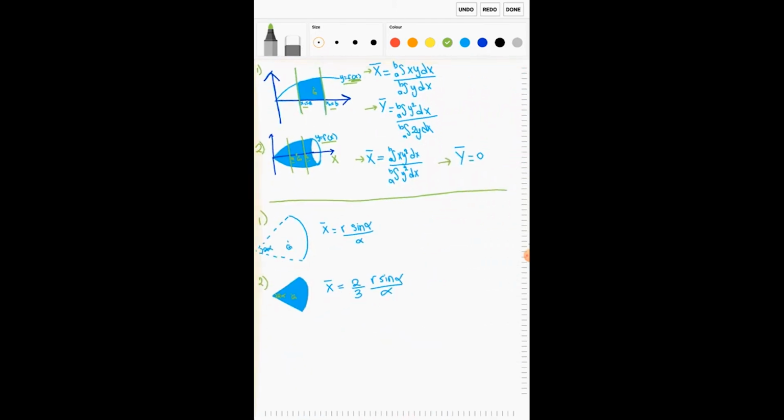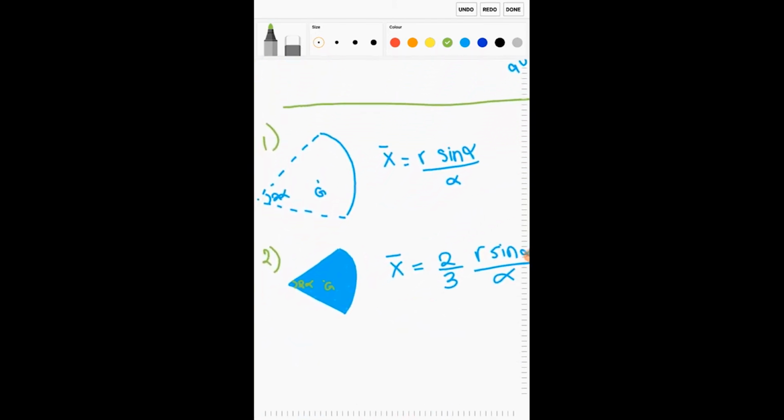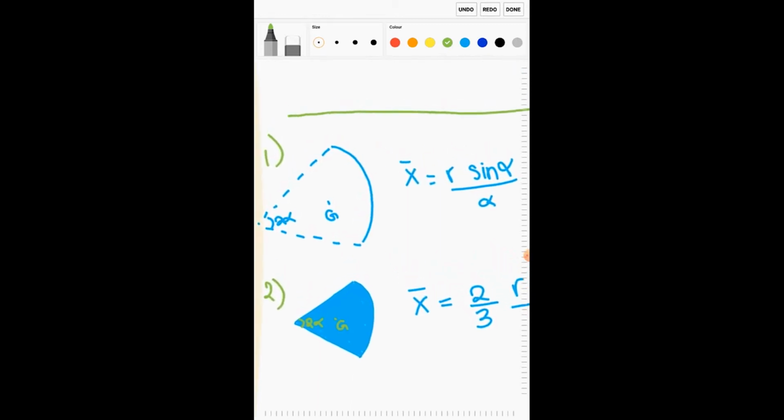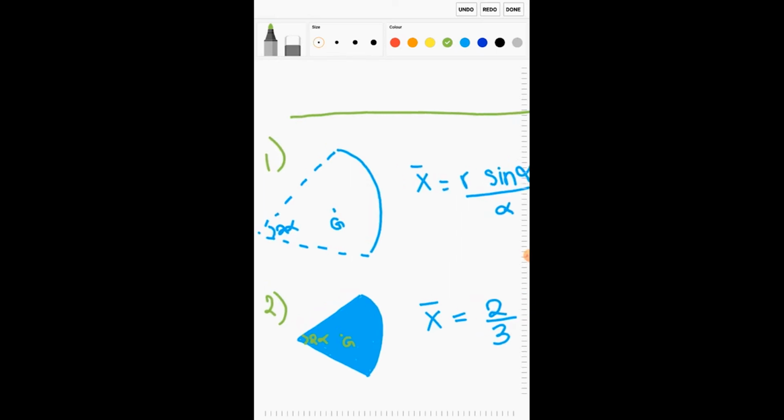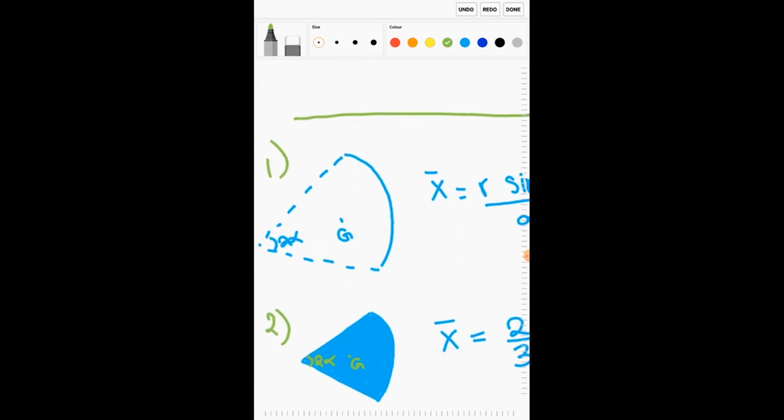Okay? Now, they might also ask you about the center of mass of a uniform wire in the form of an arc of a circle, radius r. So this is the radius r, this dotted line.